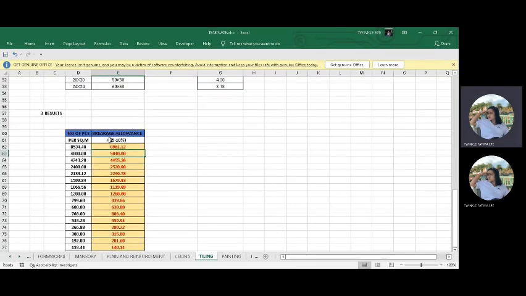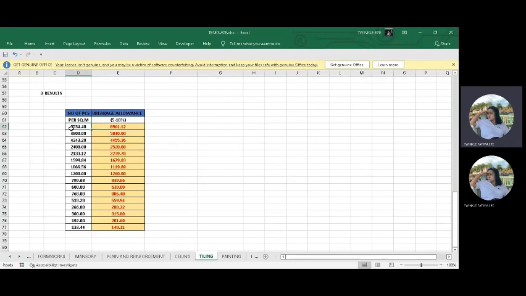And this is the result for tiles. Number of pieces in this area without the breakage allowance, and in this area we have the breakage allowance. Now you can see the difference without and with breakage allowance.